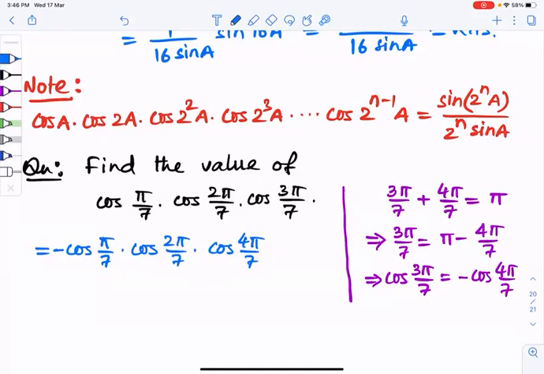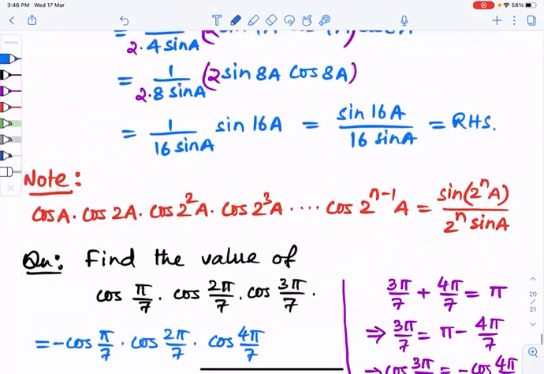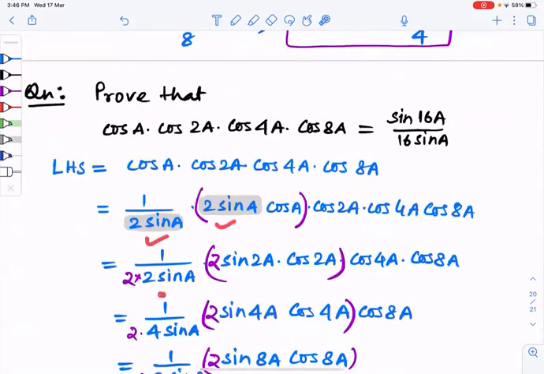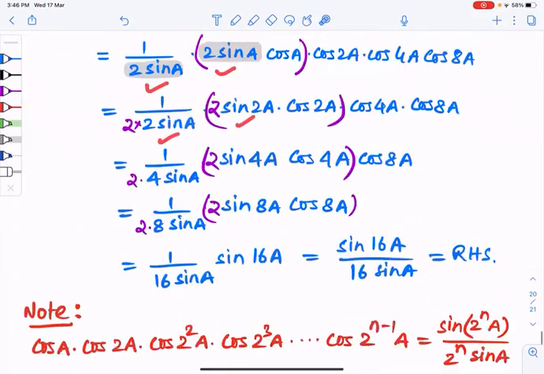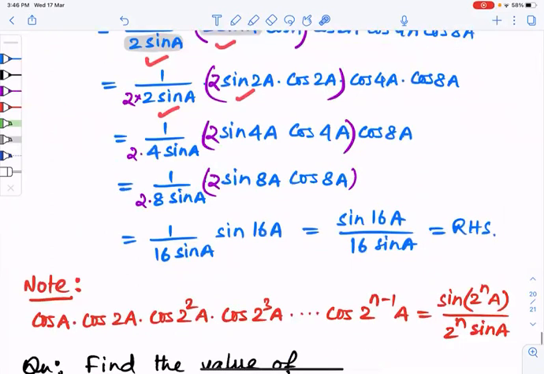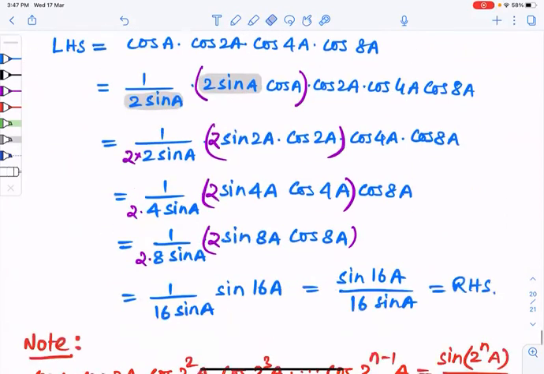Either I use the formula directly, or I can do this process, multiply and divide. Since I have already shown the process here, I am not showing it again. I am directly applying the result.